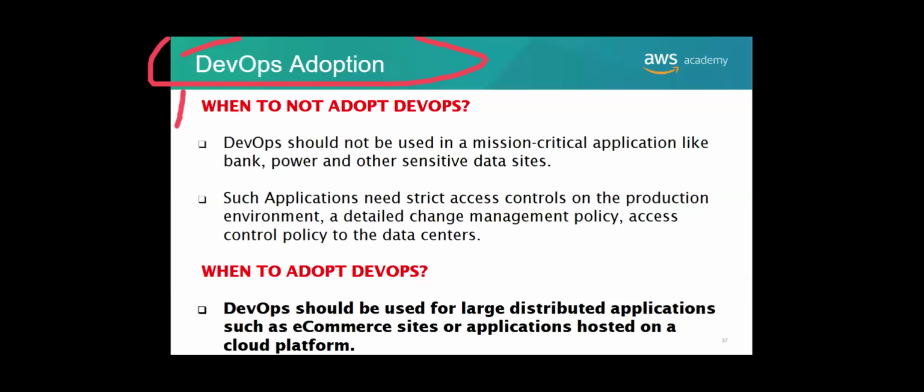Now AWS itself, the cloud itself, is saying when not to adopt DevOps. At what situations should you not take it? DevOps should not be used in a mission critical application like bank, power, and other sensitive data sites.